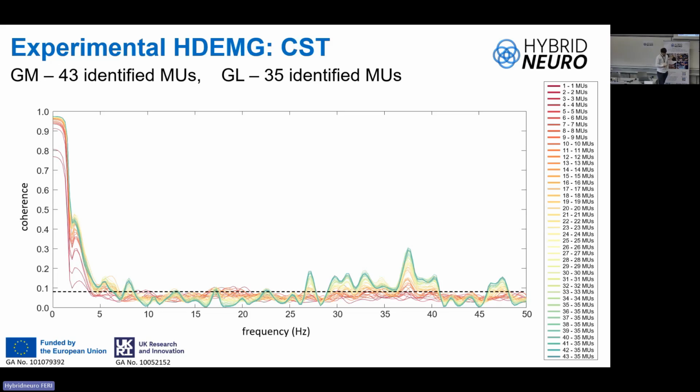If we calculate the coherence between those two pools of motor units, with the increasing number of motor units that we include into the calculation, we can see on the right side that the frequency peaks appear. So we extract the hidden frequency content of motor units.